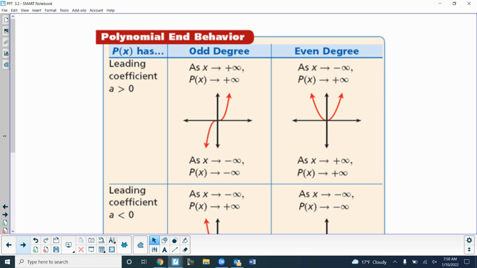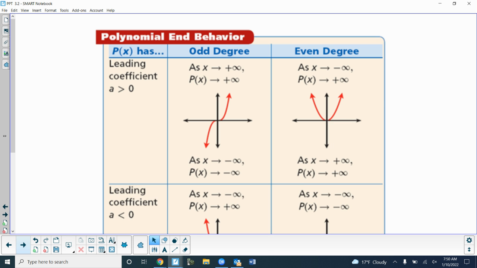If it's positive, the far right is always going up. Okay? If that leading coefficient. So that's what I look at first. Once I have it in the right order, if it's a positive number in front, then I know the far right is going up. Okay?